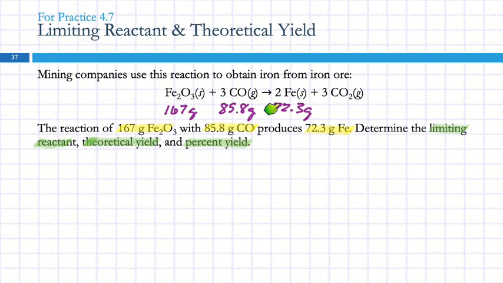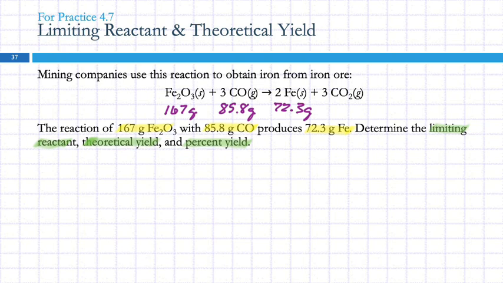Well, is this the theoretical yield then? 72.3? I wrote that under there. That'd be too easy, wouldn't it? What have we been doing? We've been doing two calculations and picking the smaller number. And then let's think, well, percent yield, what do I need to calculate percent yield?